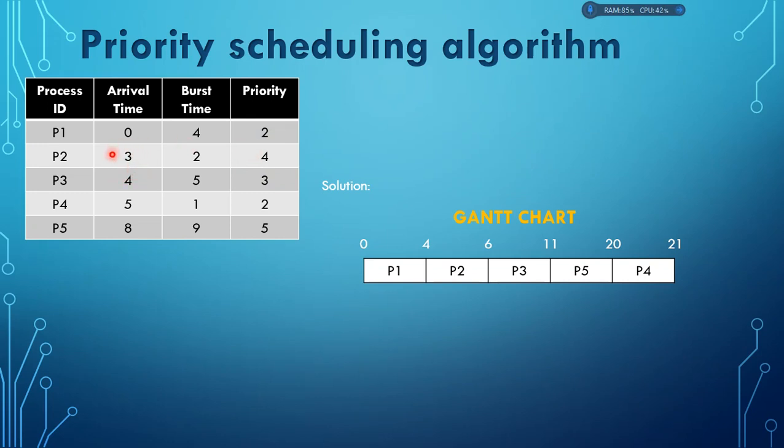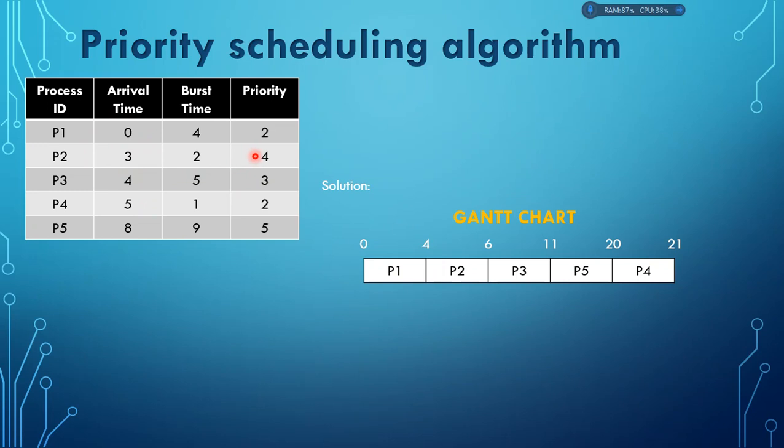When P2 and P3 arrive during the process of P1, which has the burst time of 4, they will be processed only after P1 is completed. After 4 milliseconds, P2 and P3 have already arrived. Let us decide which will be processed first by looking at their priority.